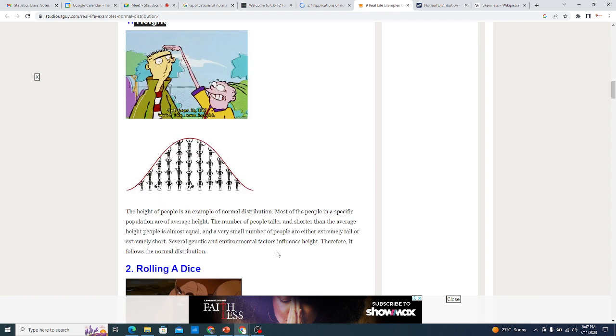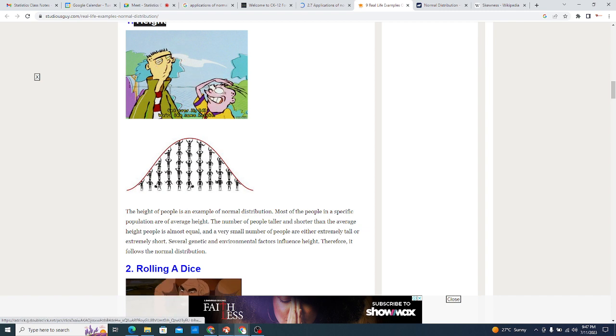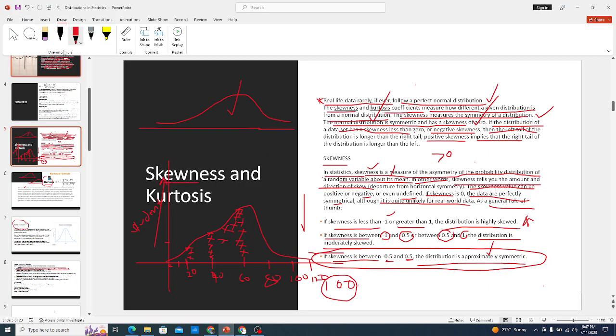The number of people taller and shorter than the average is almost equal, and a very small number are either extremely tall or extremely short. In this illustration, you can see we have few, almost one or two people. Let me copy this image and paste it here.